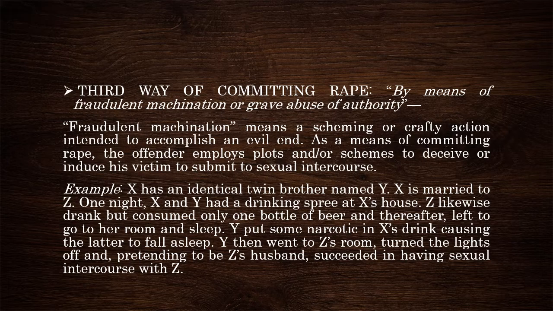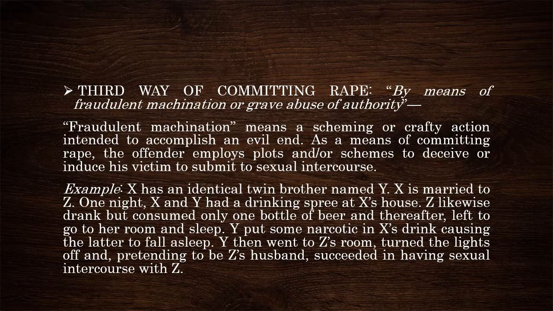Here, Y employed a scheme to deceive or induce his victim. First, he put a narcotic on his twin brother's drink to make the husband, his very own twin brother X, fall asleep.